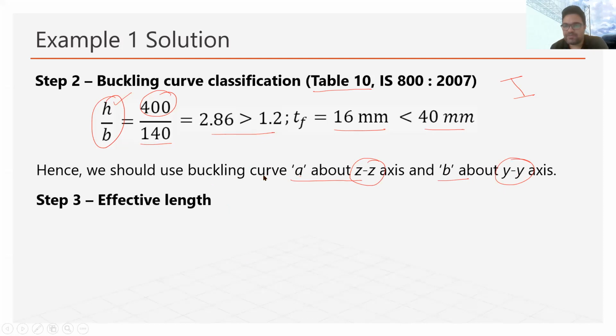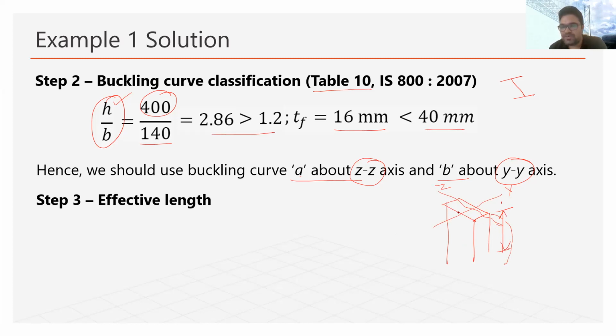So again, I will show you from one of the examples. Like if this is the column and this is the axis, which is Z, or this is Y axis. So if it is buckling like this, in that case we will find out this effective length, and this effective length will be along this line.